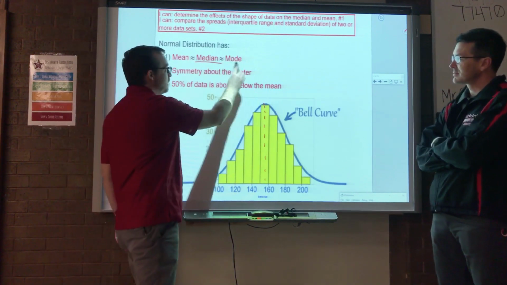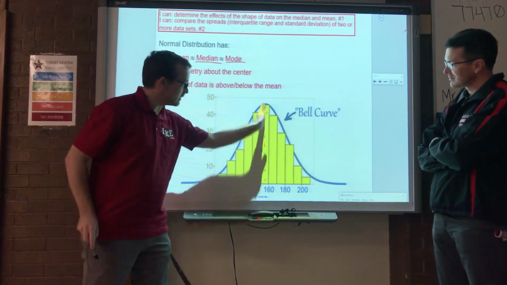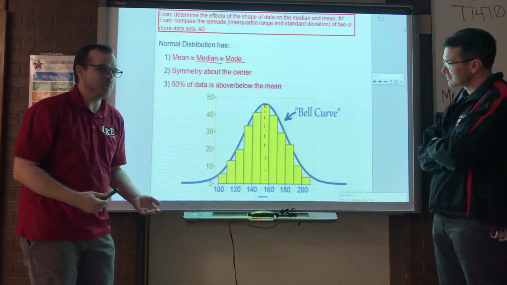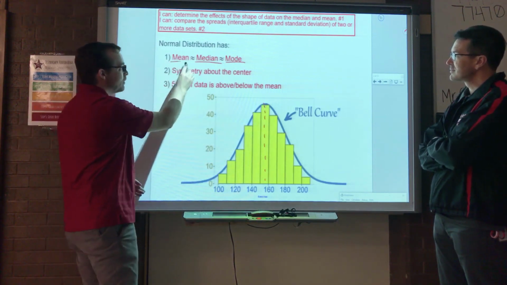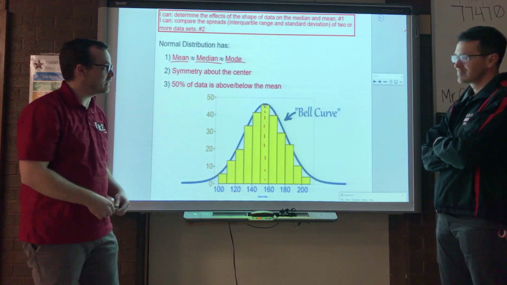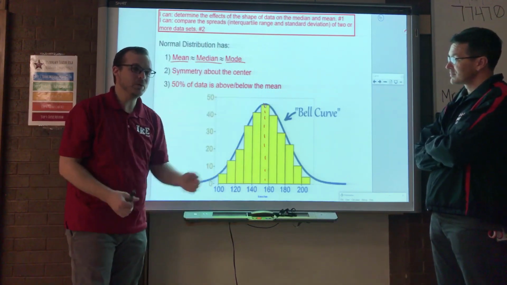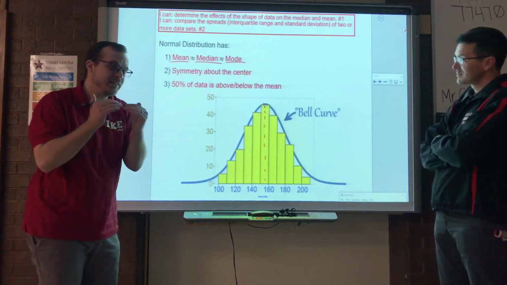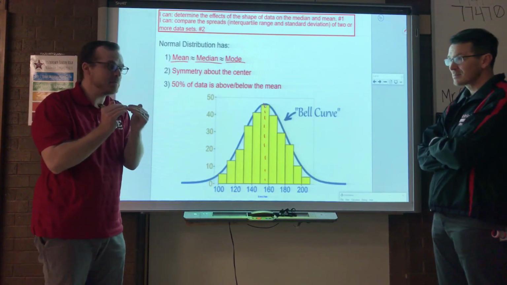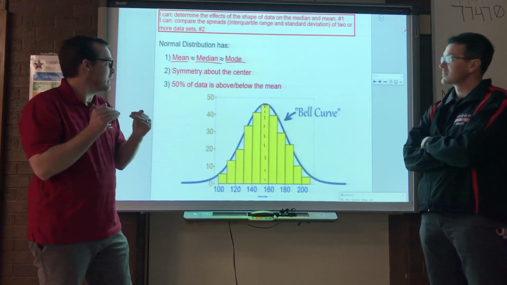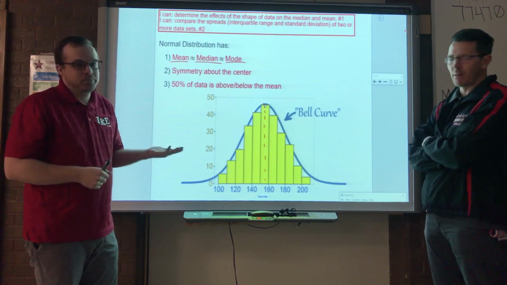So we have our mode and our median in the center of our data. But because it's normal distribution, the average, or the mean, is also right there in the center. So the mean, the median, and the mode are all going to be basically the same. They might be off a little bit from each other, but they're all going to be basically the same.